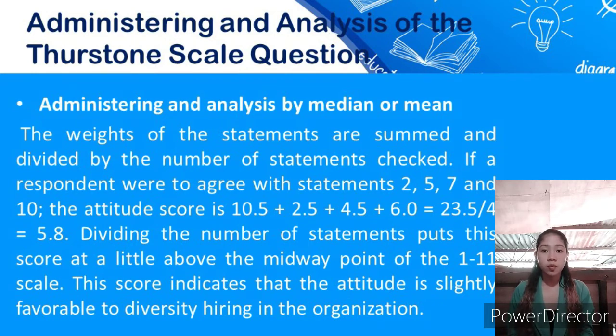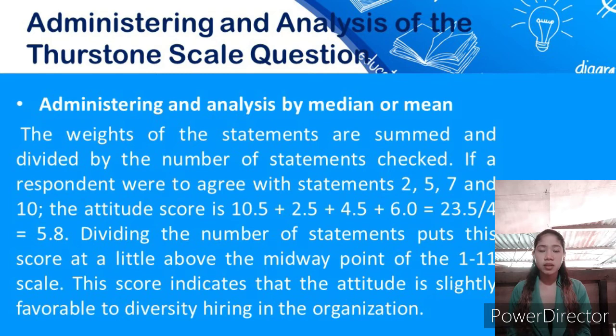The first one is to administer the analysis by median or mean. The question and the subsequent options can be administered to the respondents by using either the mean or the median score in the below format. For example, the weights of the statements are summed and divided by the number of statements checked.